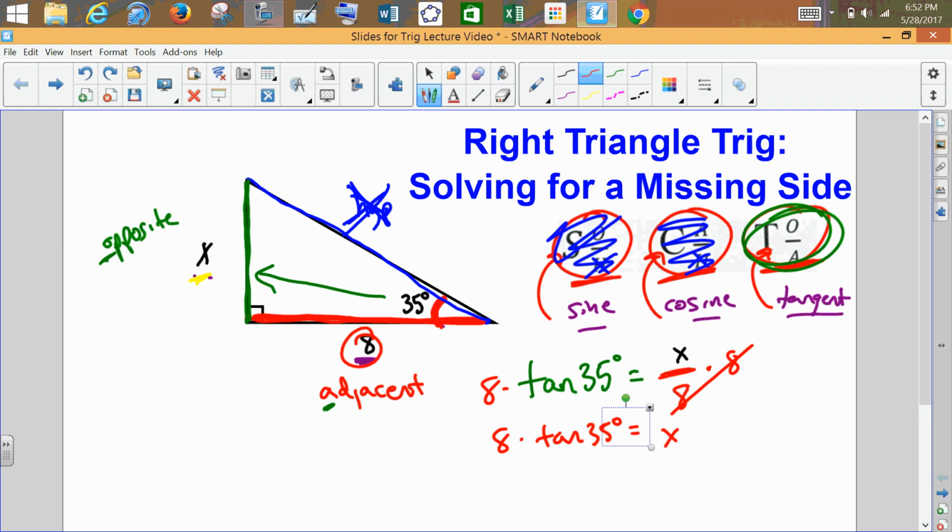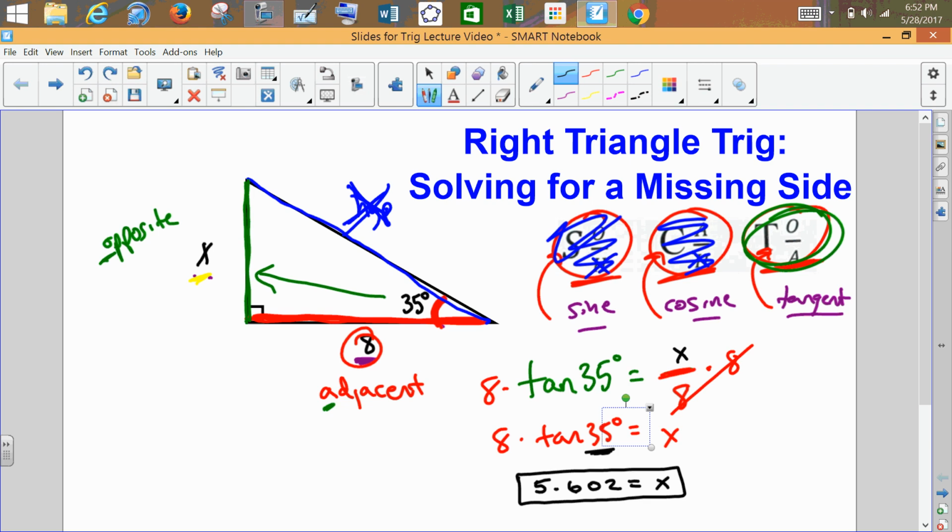You can pause the video if you would like and use your calculator to find that value. After finding the value on your calculator, make sure that you are in degree mode. The value of my missing side x is 5.602, rounding to the nearest thousandth.